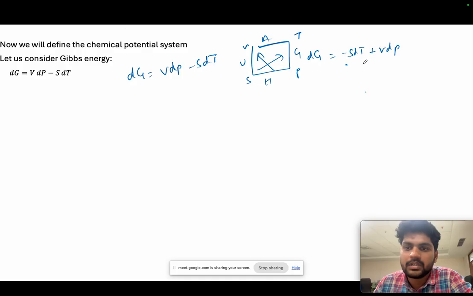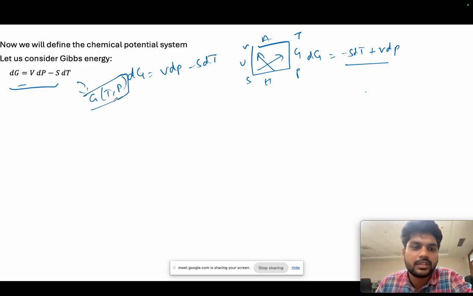This is the equation written here. Why have we taken this equation? Because from this equation we can calculate anything. This is the basic equation with temperature comma pressure, so we have taken it to define the chemical potential.